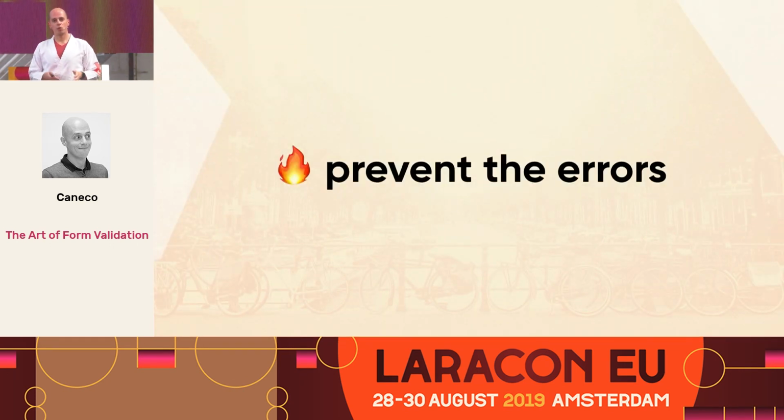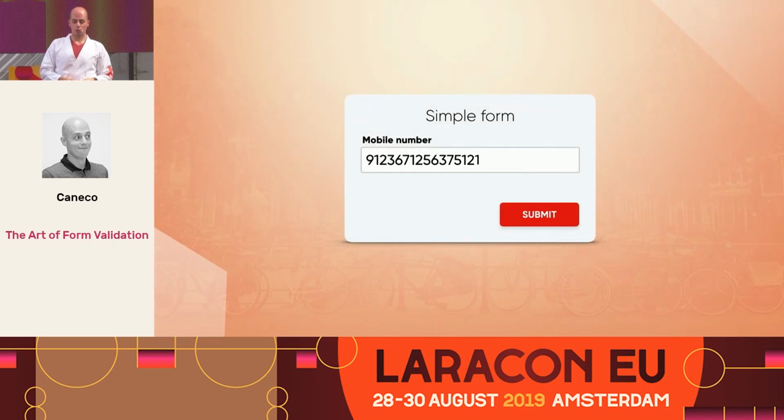But again, we want to prevent the errors from happening instead of letting the user handle the error. So imagine that the user is just playing around. If I want a number with 9 digits, why the heck do I let the input field have this many numbers?